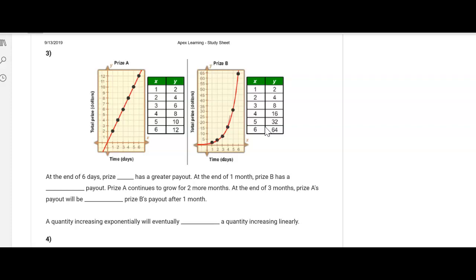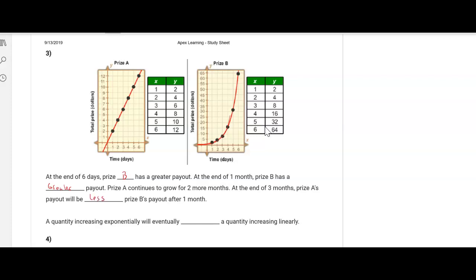So at the end of 6 days, when we look at prize B, not prize A, what do we notice about it? Prize B has a greater payout. At the end of 1 month, prize B has a greater payout. Prize A continues to grow for 2 more months. At the end of 3 months, prize A's payout will be, what will it be? Will it be greater than or less than?